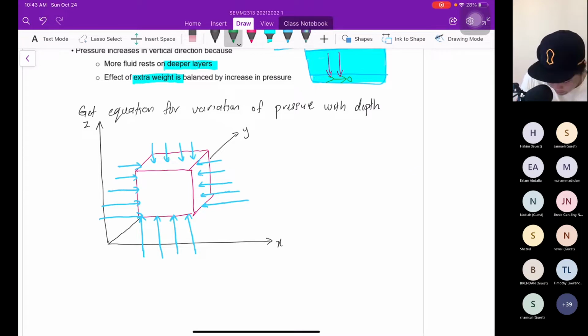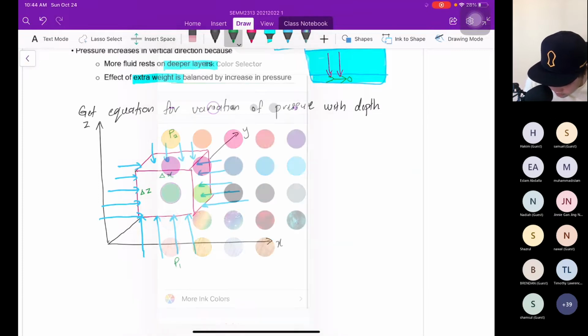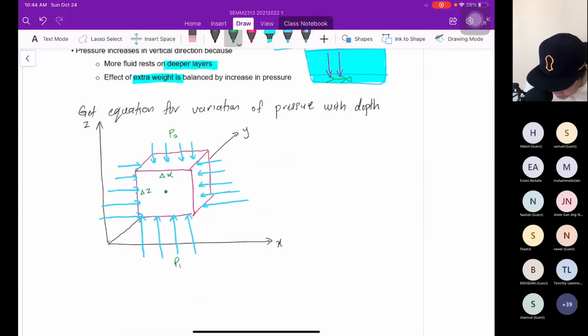This is P1, and this is P2. Let's say we name them P1 and P2. The change from here to here is delta X. From here to here is delta Z. And we have the weight, which is W, at the center, the centroid.